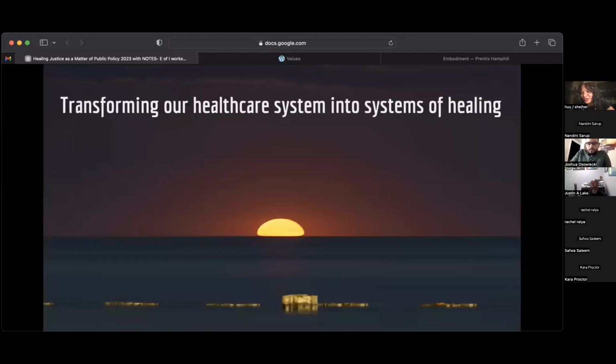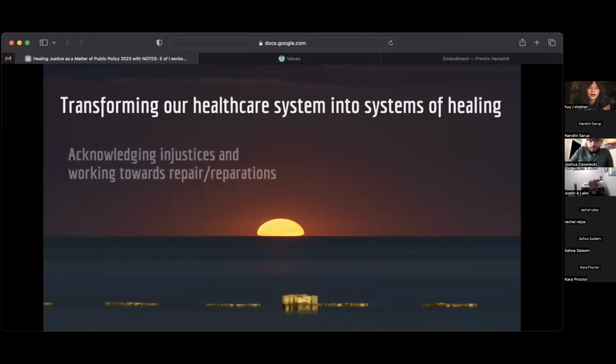I want to take a moment right here to think with you all about how we transform our healthcare system into systems of healing. Acknowledging injustice and actively working towards repair and reparations.